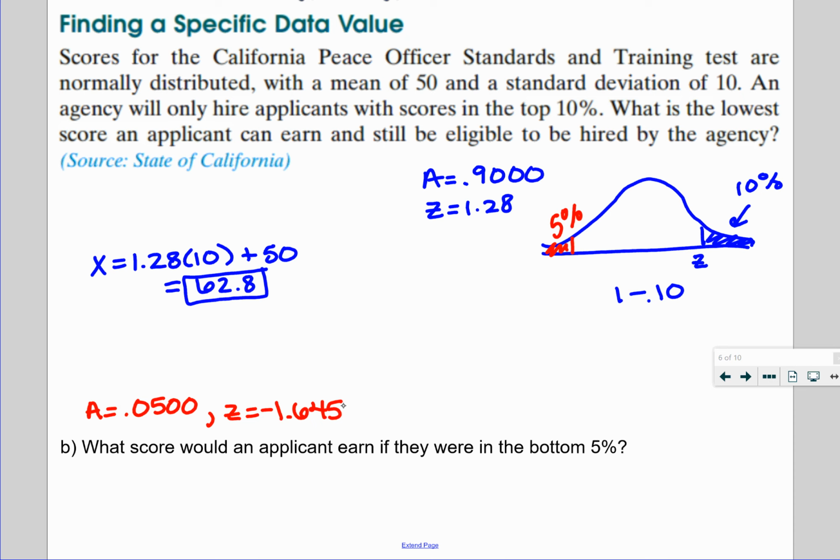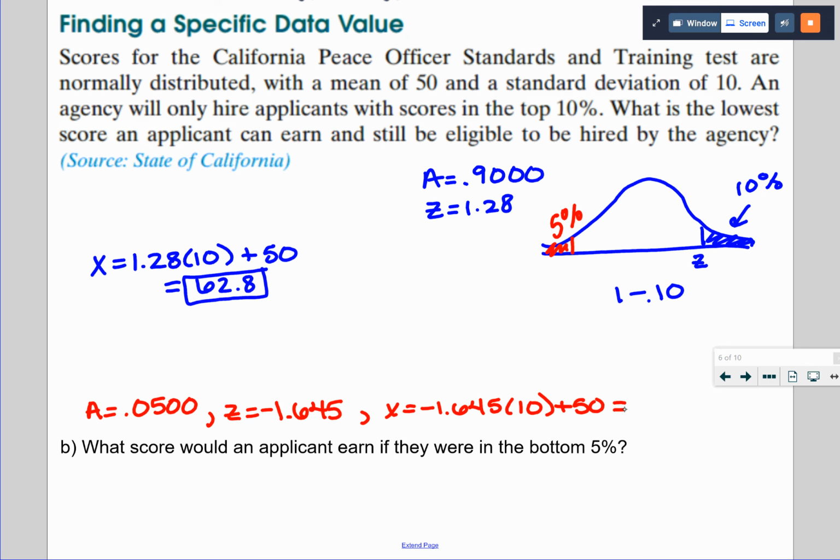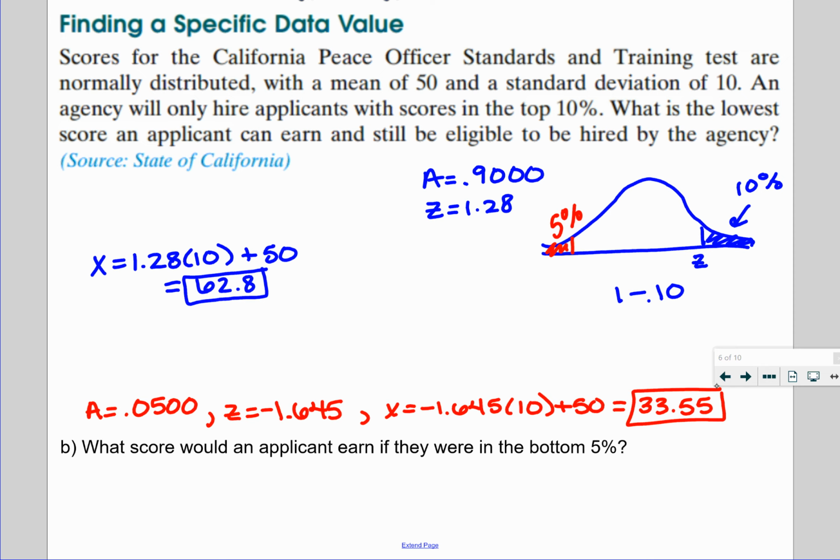And then we just plug it in. So my x will equal negative 1.645 times 10 plus 50, which will be 33.55. So a score of 33.55 or lower would place you in the bottom 5%.